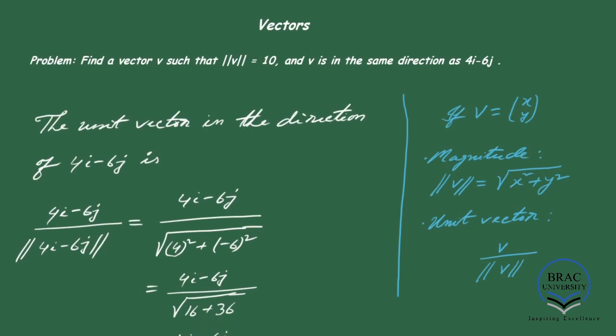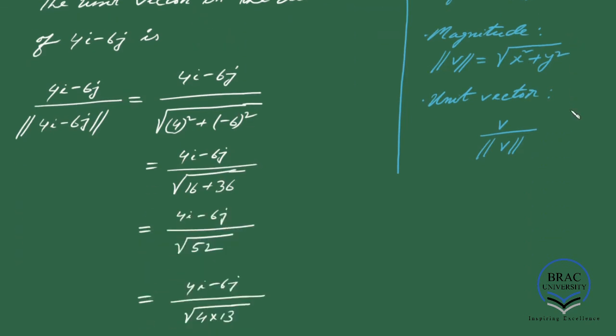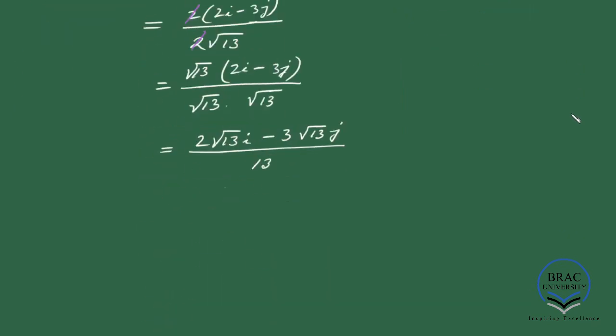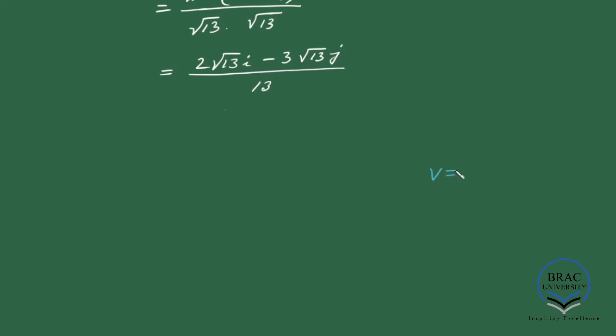And the question says that v is in the same direction as 4i minus 6j. What that means is that we can use this unit vector, as we just calculated, as the unit vector of the vector v. Now let me remind you quickly that we can express a vector v as a product of its magnitude and a unit vector. So we can write the vector v as the magnitude times the unit vector.